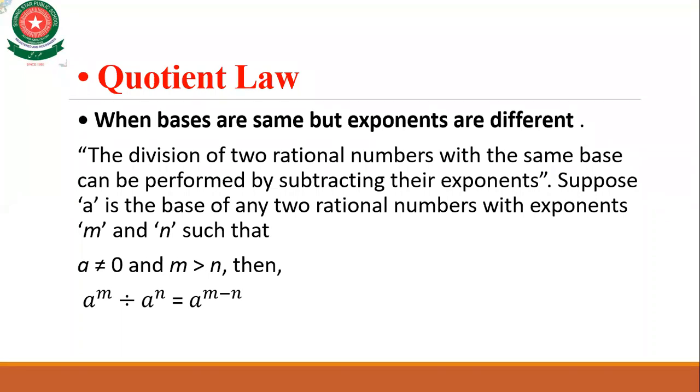You must underline these laws from your book and mark them. These are included in your paper. So you must remember this law, this formula, A power m divided by A power n is equal to A power m minus n.